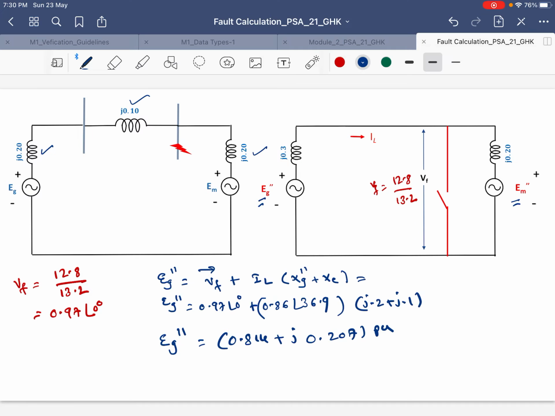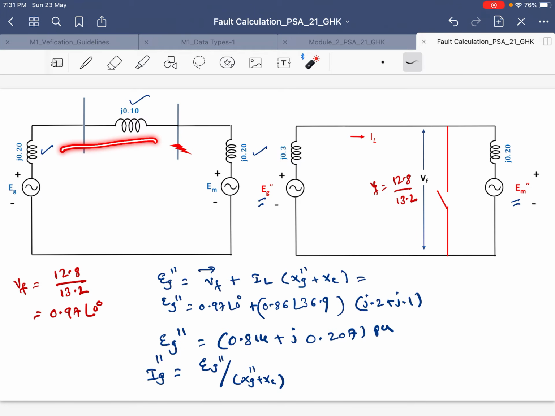Then you have to get the value of Ig'', the fault current contributed from the generator. Ig'' is equal to Eg'' divided by (Xg'' plus Xe), because you have to look at the total reactance offered from the generator side.